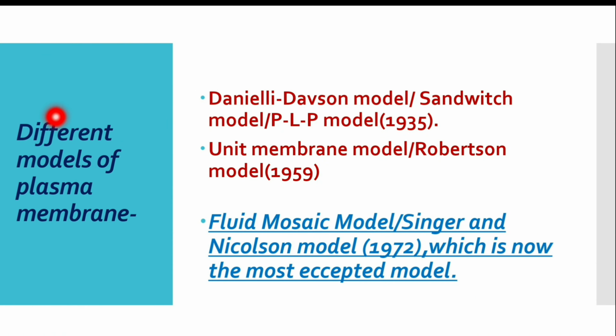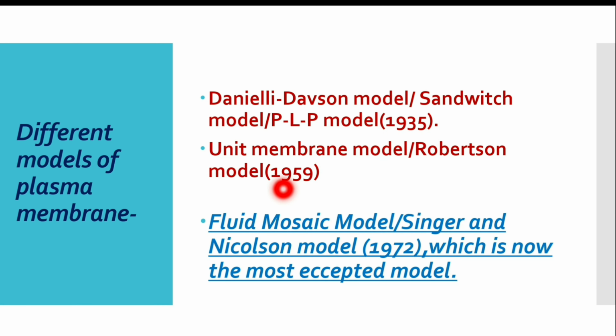Different models are proposed to explain the structure and composition of plasma membrane. The models are the Danielli-Davson model, which is also known as the sandwich model or PLP model, proposed in 1935.